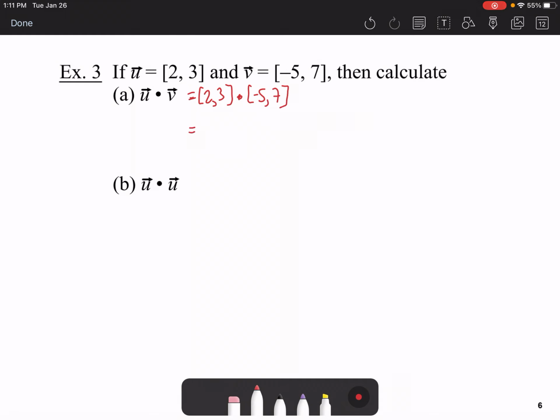So we write 2 times negative 5, which is negative 10. You don't have to show the calculation there unless you want to. 3 times 7 is 21. Together, this equals 11. There's the value of u dot v. As you can see, it is just a scalar. It's not a vector.